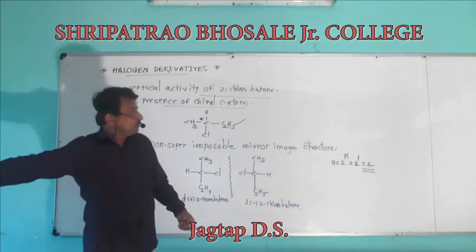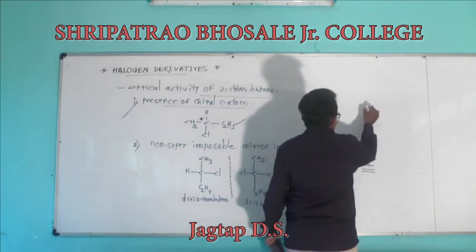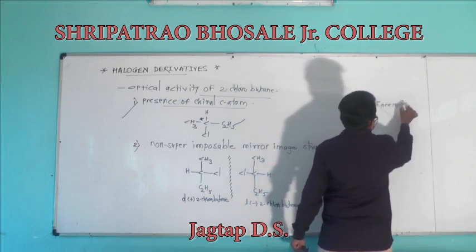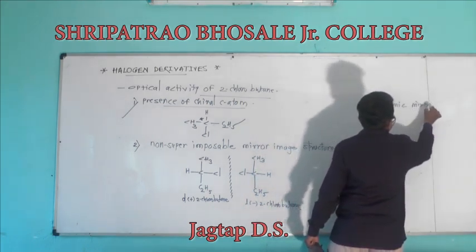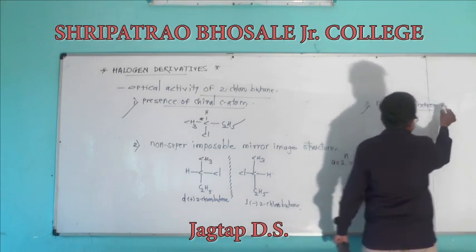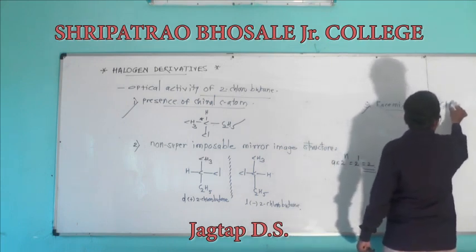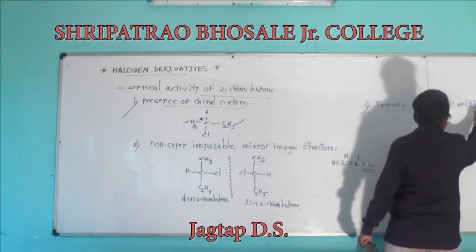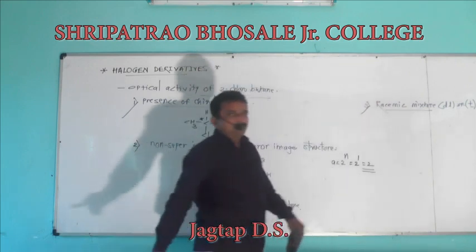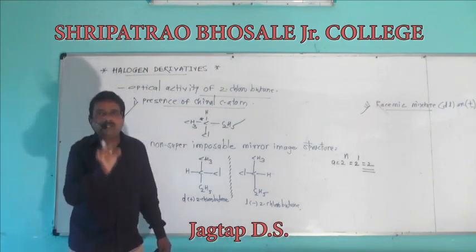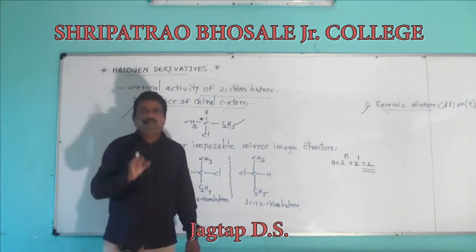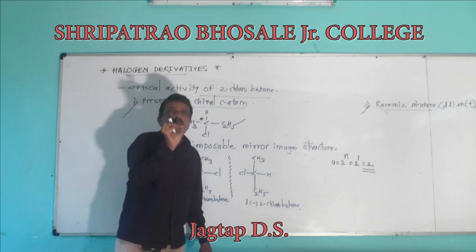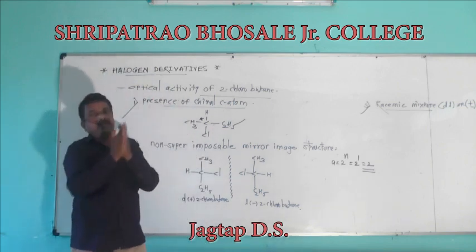Now, third point: racemic mixture. It is denoted by small dl or plus-minus sign. A racemic mixture is optically inactive; it does not rotate plane polarized light towards the right or the left side.